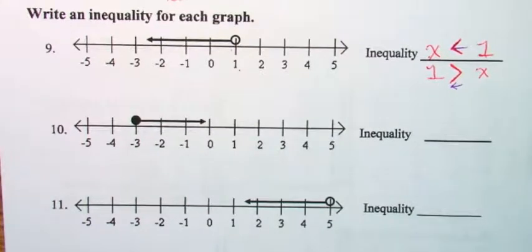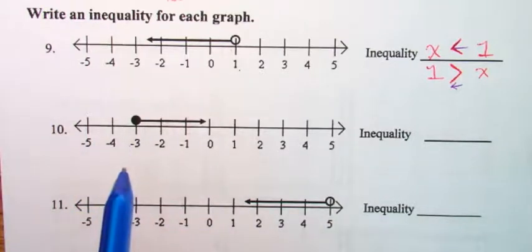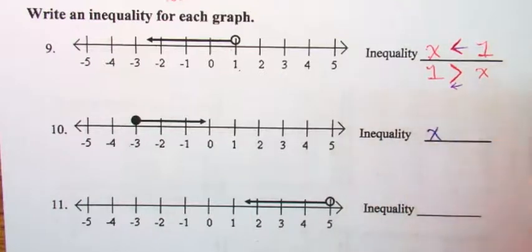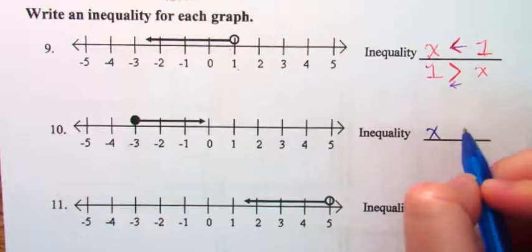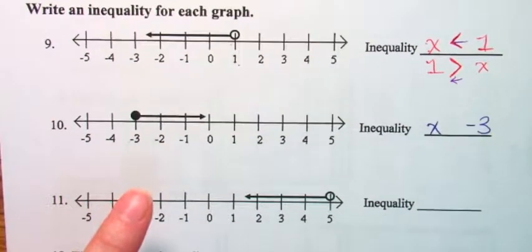So number 2, or sorry, it's not number 2, number 10. It said the inequality, we have our number -3. I kind of see it's a closed circle. My mind's thinking I'm going to have an equal sign. But I'm going to start with my letter first, my variable. I use an x. You can use anything. And I see it's over top of -3, so I'm going to go ahead and put that number.